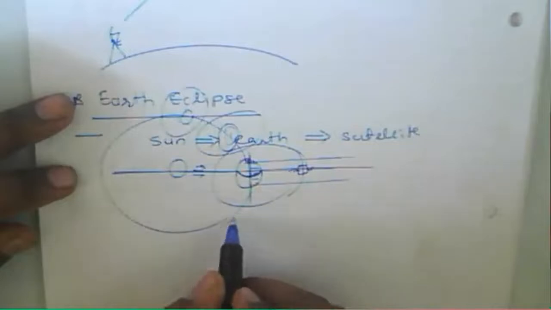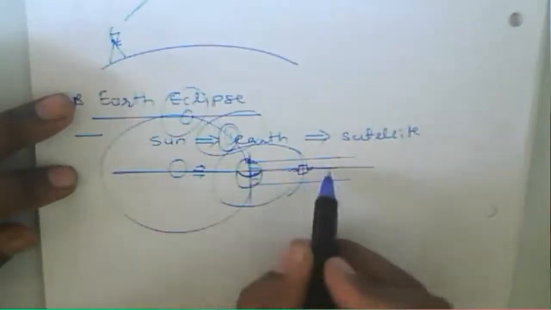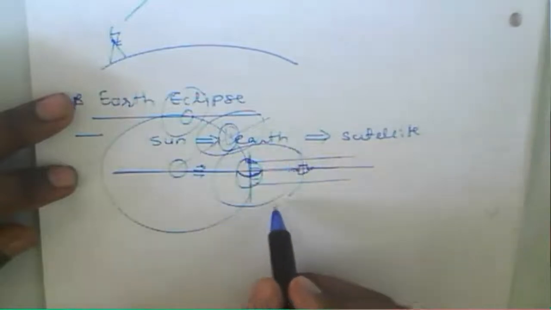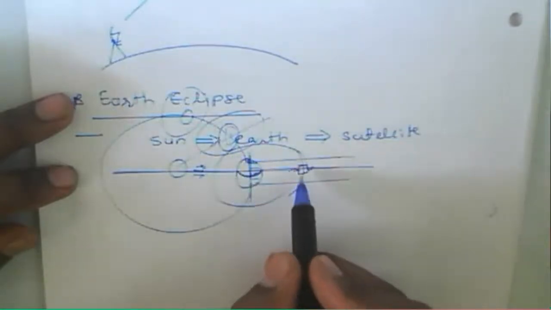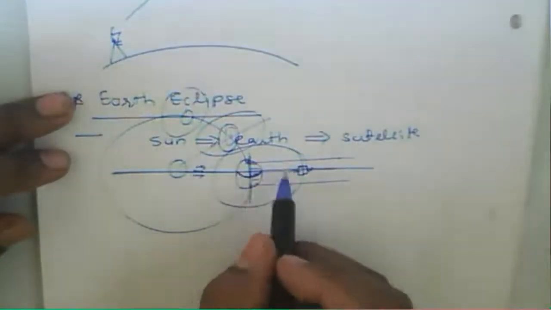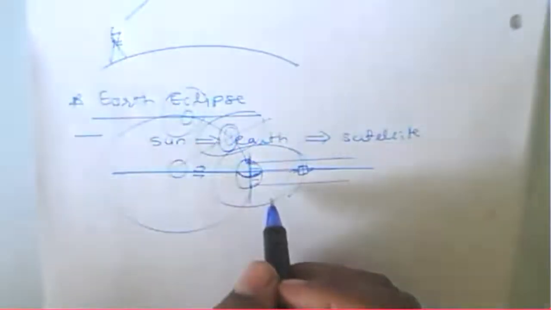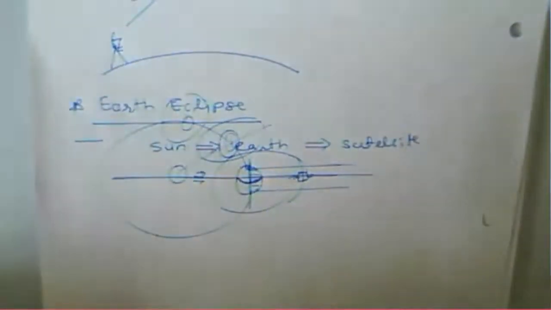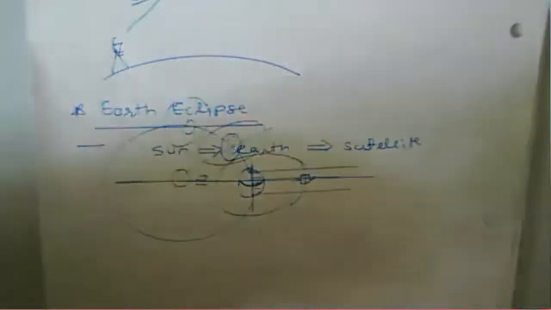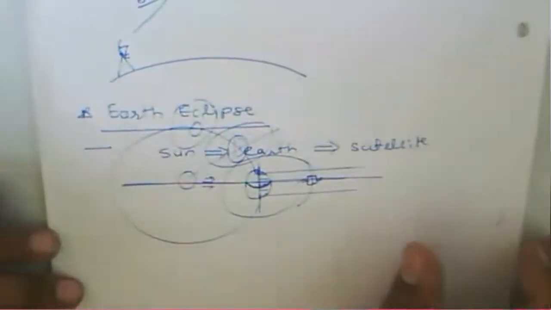In that case, the period of the eclipse will be different. At this particular period, on the same line, the duration of the eclipse in this particular orbit will be small. The duration of the eclipse will be small. So we need to find this out for a geostationary satellite.